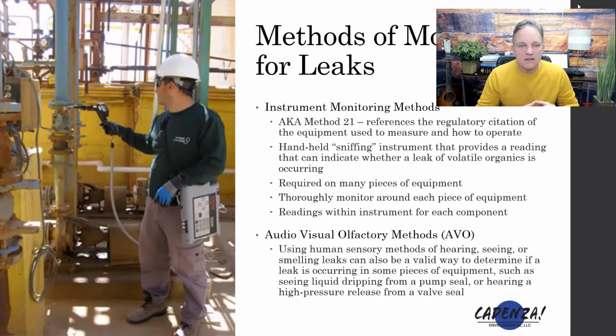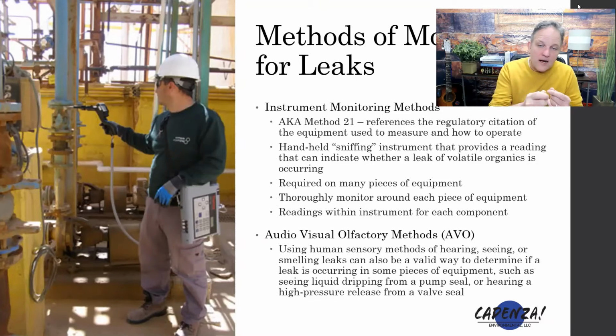In this case, it's a handheld, quote, sniffing instrument that provides a reading that can indicate whether a leak of volatile organics is occurring. And these leak definitions can vary by what the concentrations are and what the readings of this sniffing are. It's required on all of these pieces of equipment that I referred to earlier. It also specifies how you thoroughly monitor each piece of equipment.